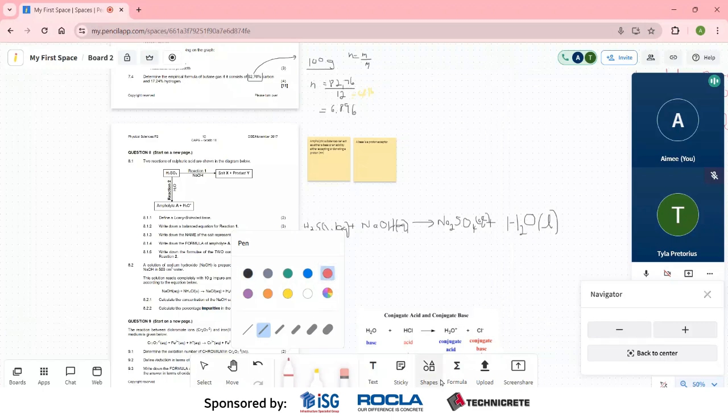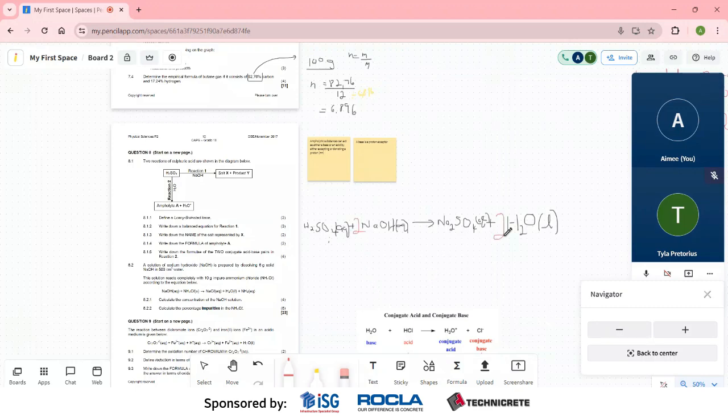I'm not going to go into detail with the balancing of the equations. I've shown you how to balance in some other videos. So you know that you just need to go and establish that you have the same number of atoms of H, S, O, and Na on the left-hand side as you do on the right-hand side. So we just go in with our balancing numbers, and that is your equation.